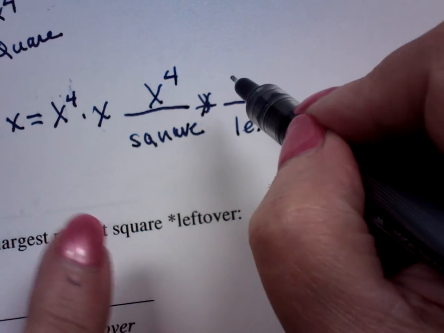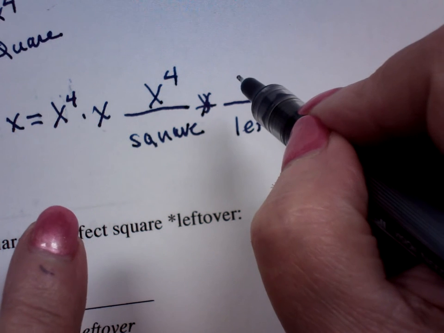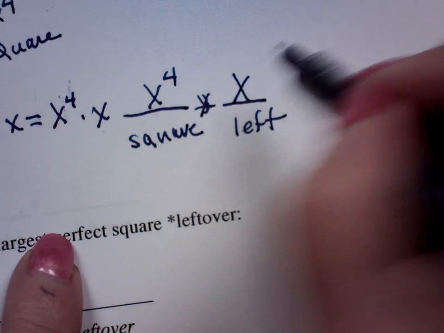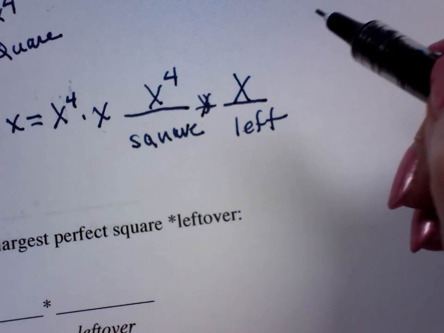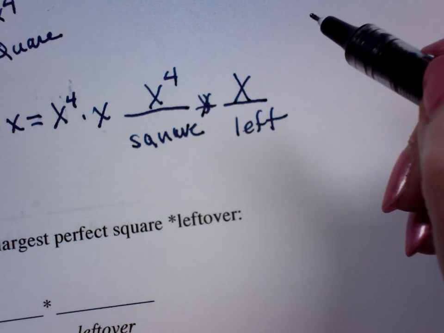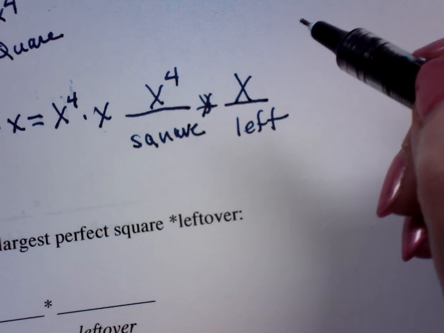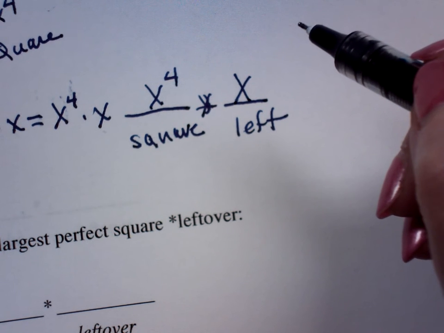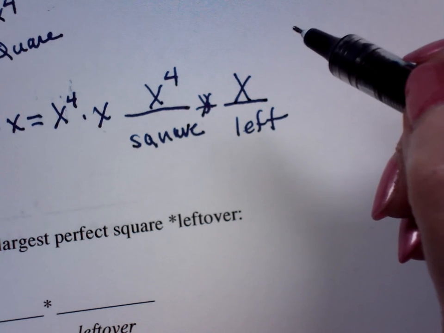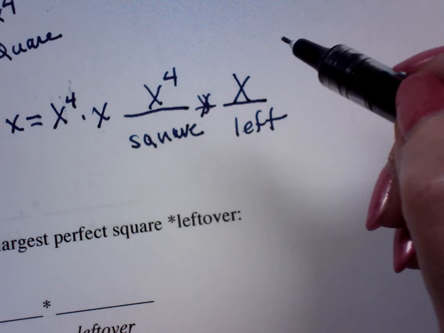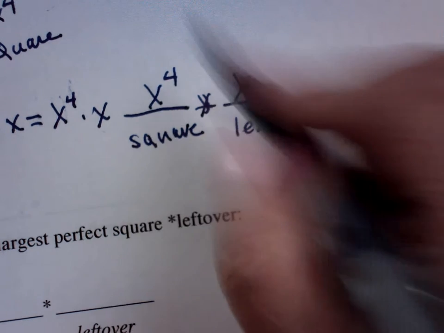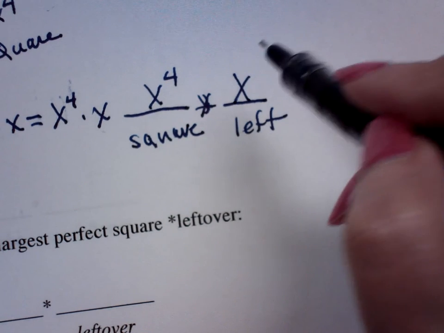And how many x's did I have originally? 5. So how many are left? 1. In squares, there's only ever going to be 1 left over. Why? Because if you have 2, you've got a square. If you have 3, it contains a square. So the largest leftover with squares is 1.